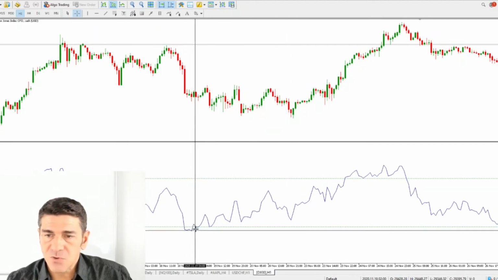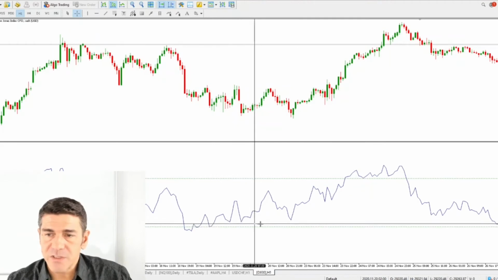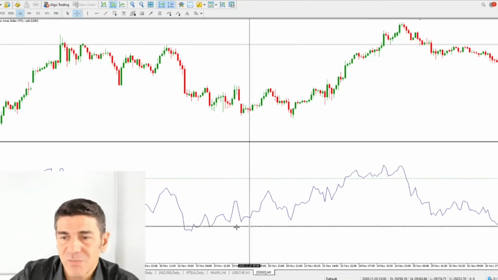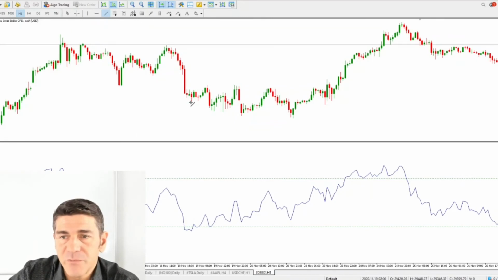But during this time, in RSI we are seeing new dips, but they are on higher levels. In other words, we are experiencing a divergence again.